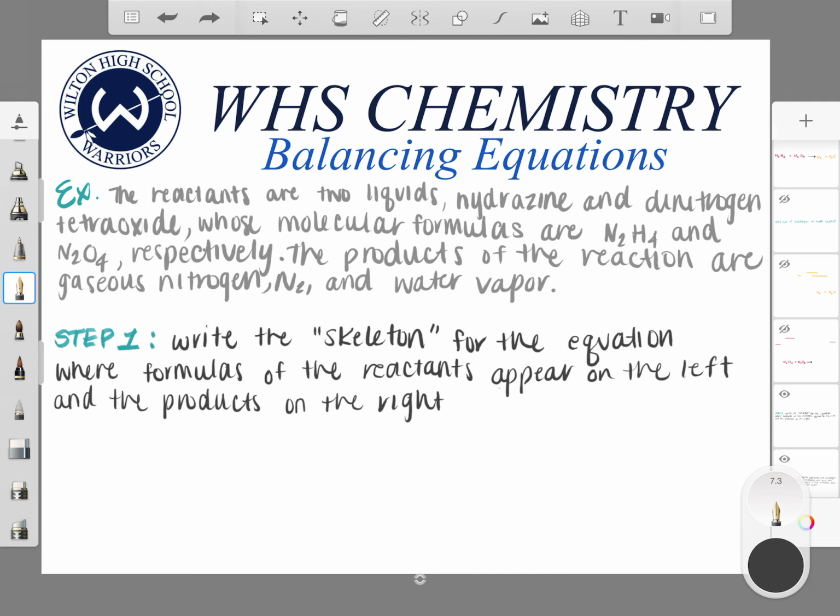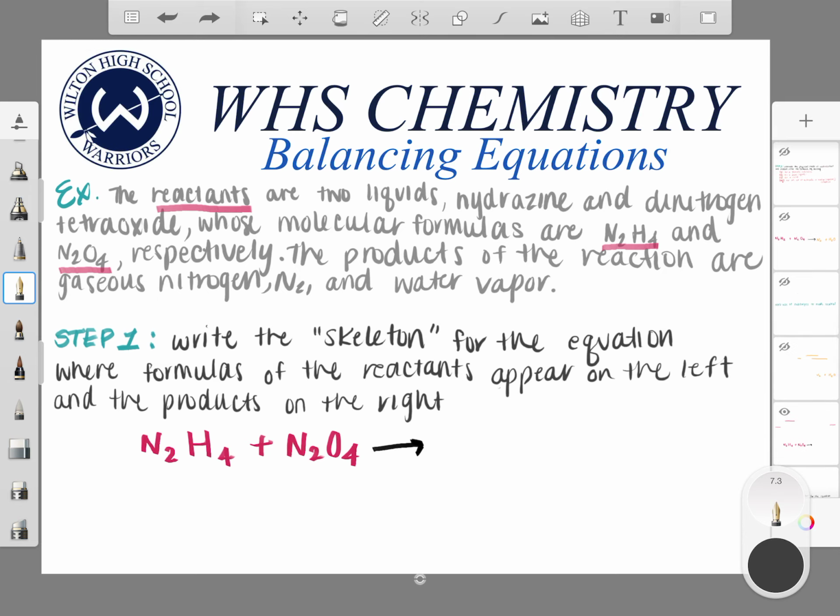So for the skeleton for this problem, let's start with our reactants. We see in our problem it says the reactants are hydrazine and dinitrogen tetraoxide, and then later they tell us the actual formulas of N2H4 and N2O4. So I wrote that down here in red to the left of the arrow.